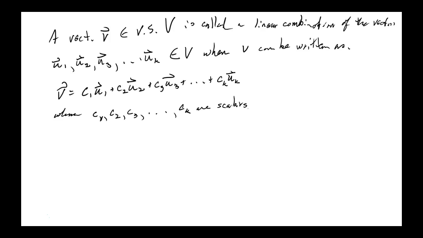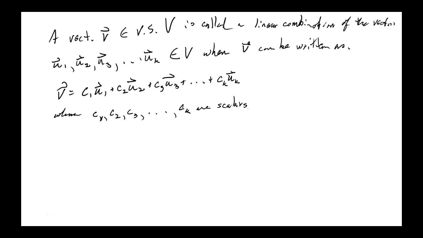When that vector V can be written as a linear combination of those vectors, that's what we mean. It almost seems like you're talking in circles here, but that's how we defined linear combinations before.